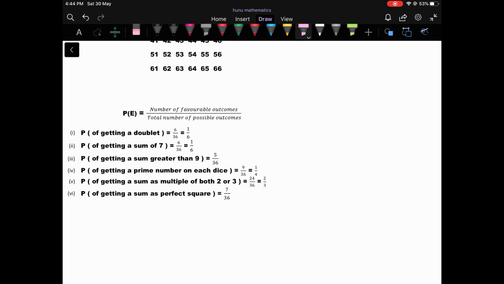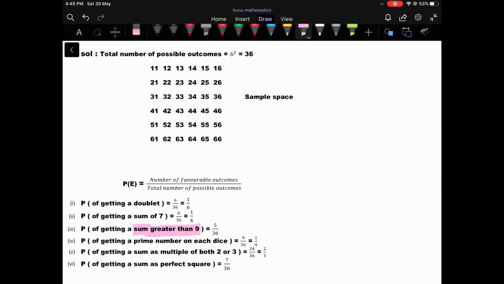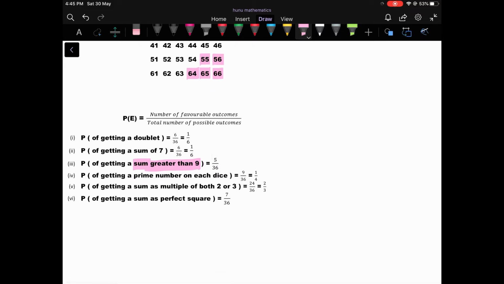Next, the probability of getting a sum greater than 9. So from the sample space, the sum greater than 9: 5 plus 5, 10, 5 plus 6, 11, 6 plus 6, 12, 6 plus 5, 11, 4 plus 6 equals 10. So thereby we have 5 favorable outcomes. So thereby the probability is 5 by 36.